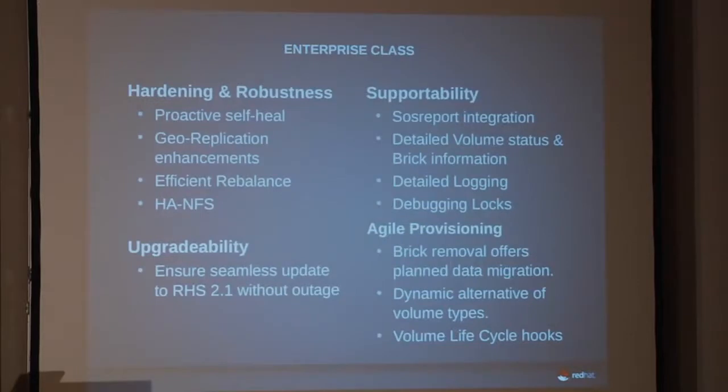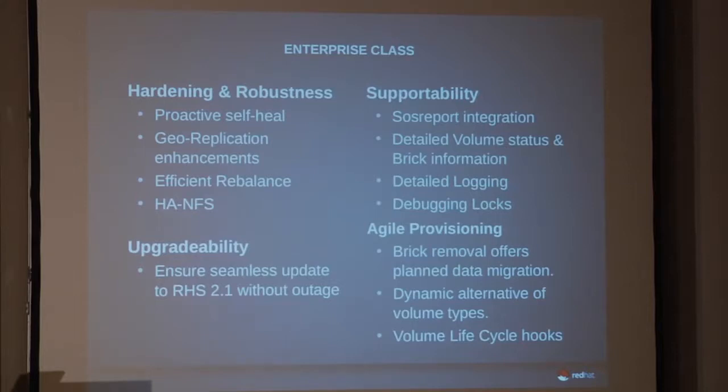Okay, so Sayan talked about what we've done since the acquisition and what's got into RHS 2.0. The primary focus was on hardening and robustness, upgradability, and supportability. Around hardening and robustness, we introduced something known as proactive self-heal. Self-heal, as I referred to earlier, is about healing data that was missed by a storage server because it was offline.